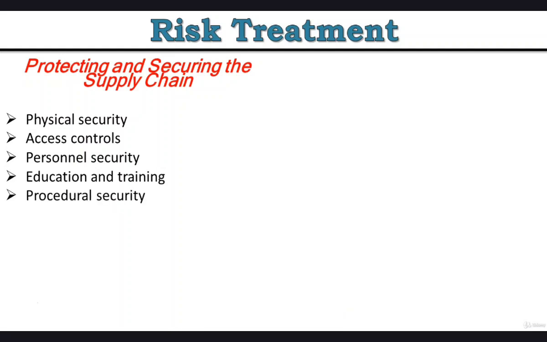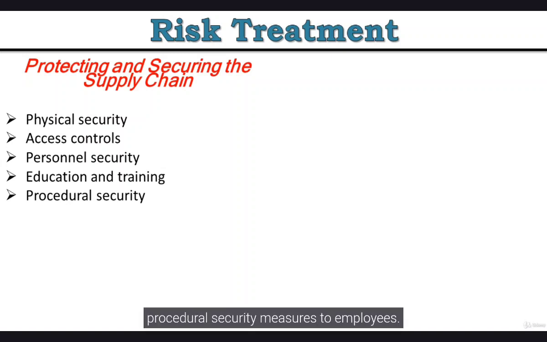Procedural security. As noted, firms and their partners should establish, document, and communicate procedural security measures to employees. Such documentation may include a security manual, published policy, or an employee handbook.